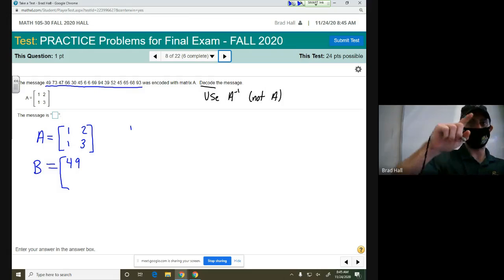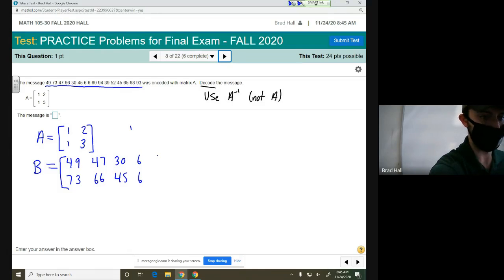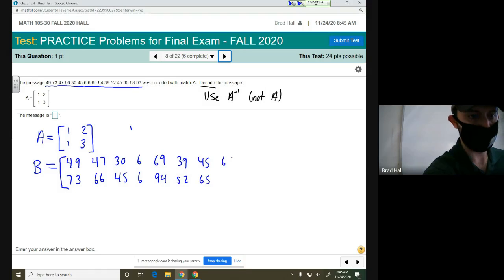For each number, we're going to go down, but then we're going to keep it at 2 rows so we can actually multiply by the matrix A. So 49, 73, and then we start over. 47, 66, 30, 45, 6, and then 6 again, and 69, and 94, and 39, and 52, 5, 65, 68, 93.